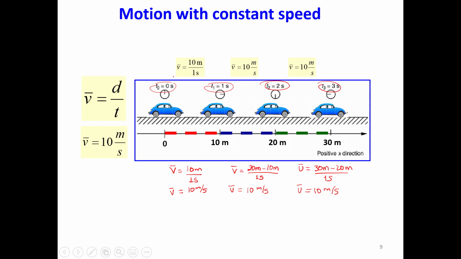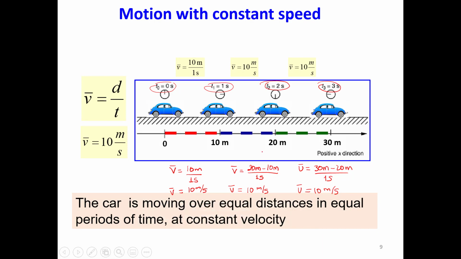How do we know the object is moving at constant speed? We can see the car is traveling equal distances, 10, 10, 10, in equal periods of time, 1 second, 1 second, 1 second.